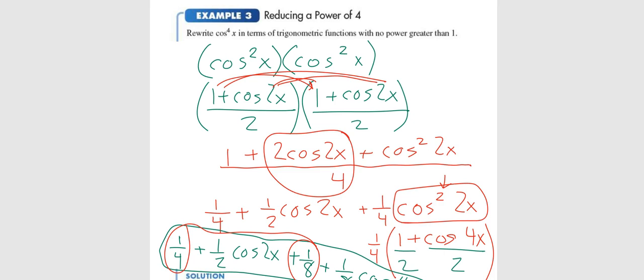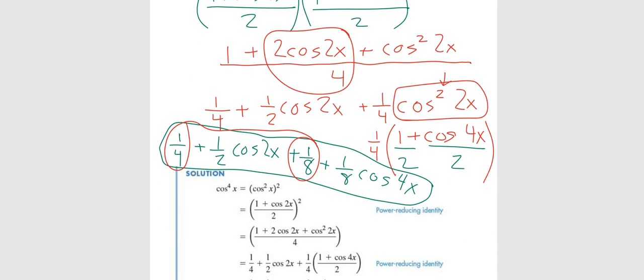So since I still had a square in it, you remember last year in Algebra 2 when you had a radical equation and they had radicals on both sides of the equation and you squared it, but then you still ended up with a radical and then you had to square it again? That example is similar to what you're doing here. You're replacing one of them with the cosine squared x formula, but then you had to do it again because you had another one of those squared terms in there.